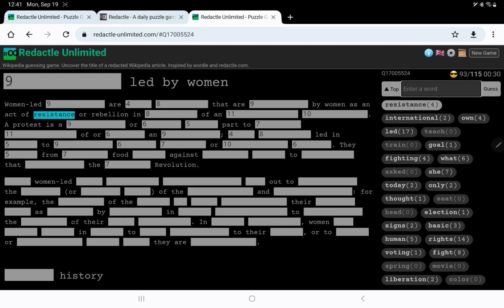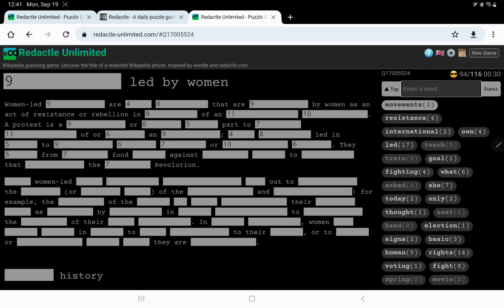Protests? No. Movements, maybe. Let's try that. No, there are 2. Women led 9 are 4-8 that are 9 by women that are coordinated, organized.